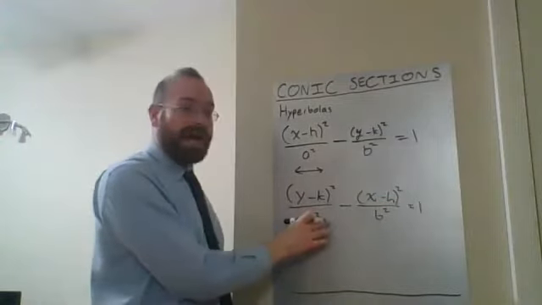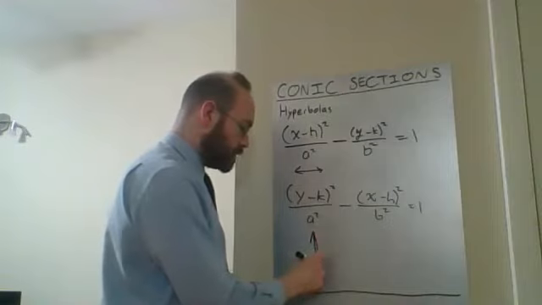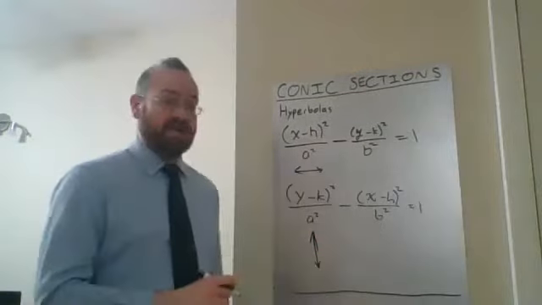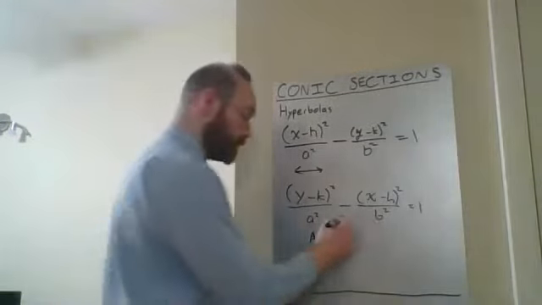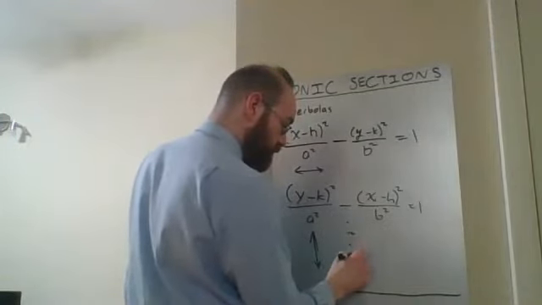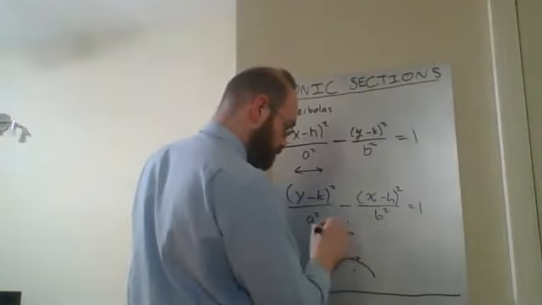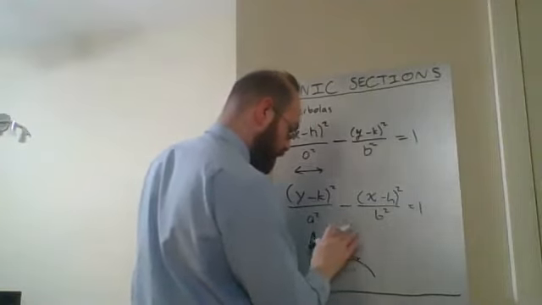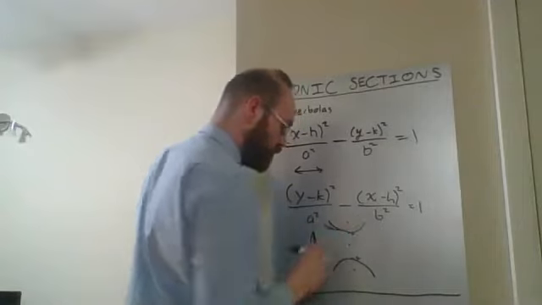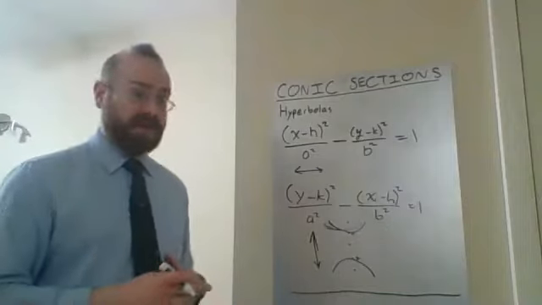But this time the y term is positive, and the y term being positive tells us the transverse axis is going to be vertical. So we'll have focus, vertex, center, vertex, focus. That was a bad line. So our branches end up opening up and down in the y direction.